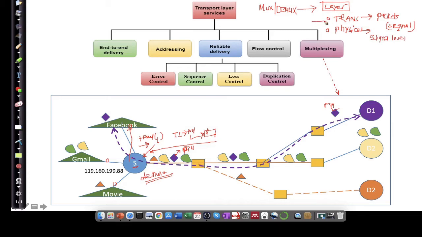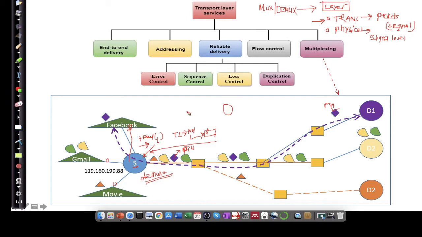This one we have discussed in the transport layer, as we have seen just now, and the physical layer multiplexing will be discussed when we discuss the data link layer part of this course. Now let us understand how multiplexing and demultiplexing take place in the physical layer.